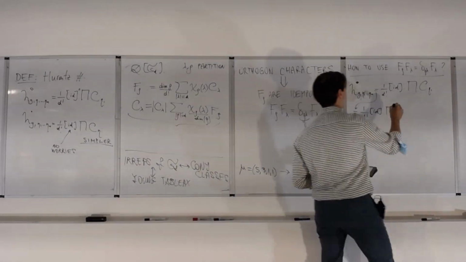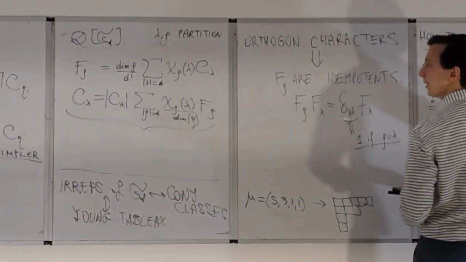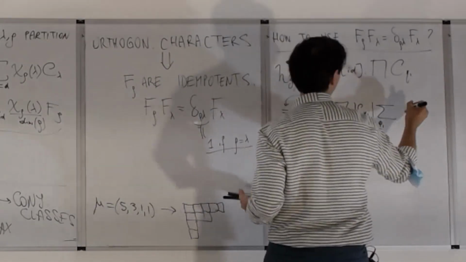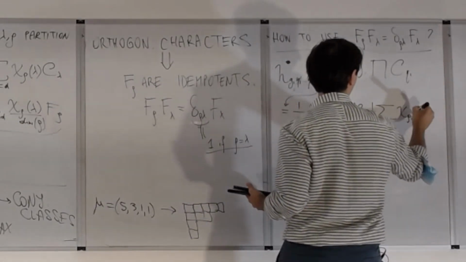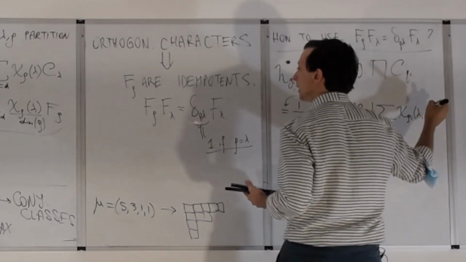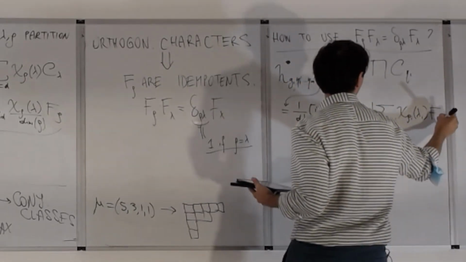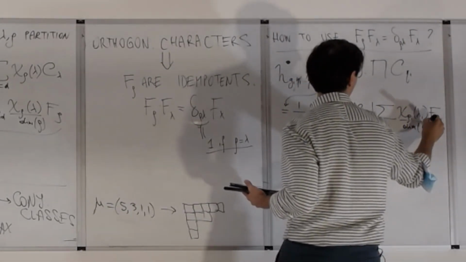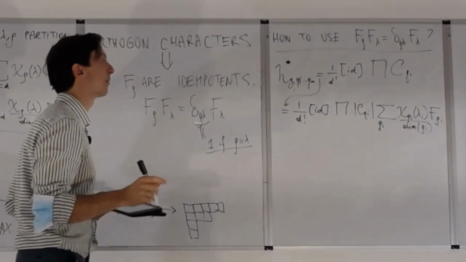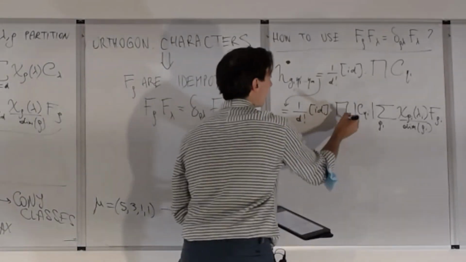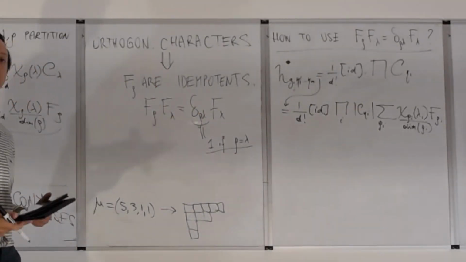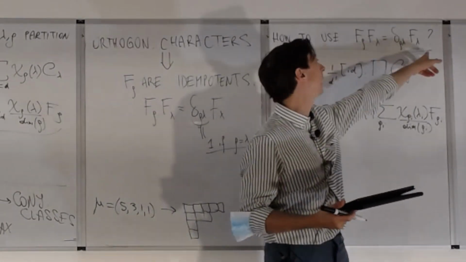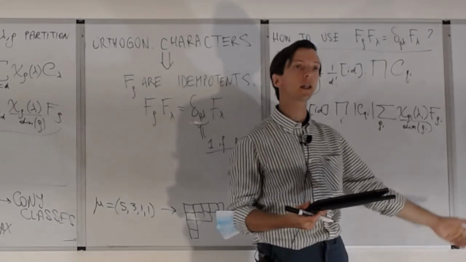So it's becoming like C eta I times sum over rho I, and here you have to put a lot of stuff, the characters of rho I, evaluated in lambda I, and then F rho I, and then its dimension of rho I, and so on. But now you can finally use your nice idempotency, because you have the product of many F. And so whenever you have a product of many F, the index should just be the same.